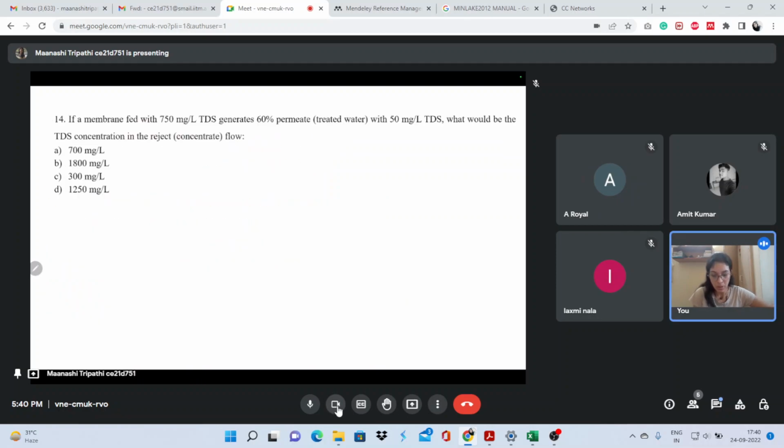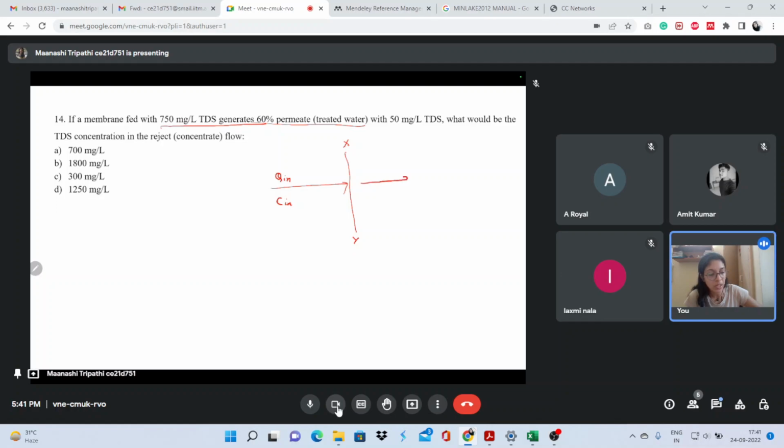Okay. So now we'll see question number 14. This question is related to the membrane. If a membrane fed with 750 milligram per liter of TDS generates 60% permeate. Permeate is treated water. Just imagine this is a membrane. This is the flow going in, with concentration in.